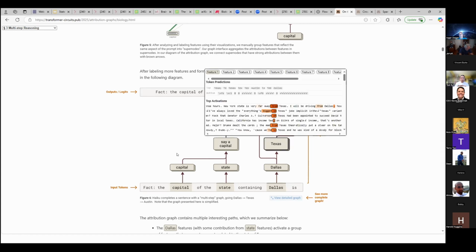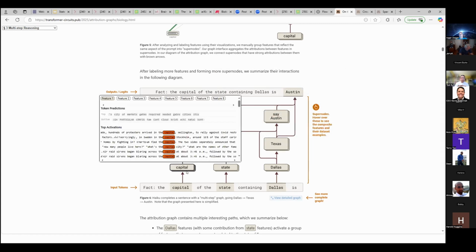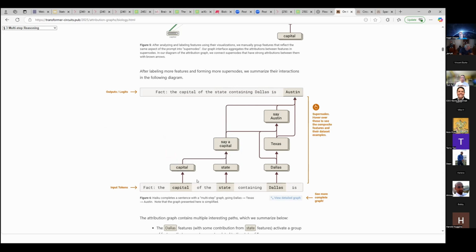This chart here, by the way, is no longer positionally or layer-wise accurate. So when you see, say, a capital above state, that is not to scale anymore. Okay. It has to be the case that if something points from one thing to another thing, then the other thing must be on a layer above it, and it must be at that token position or later.